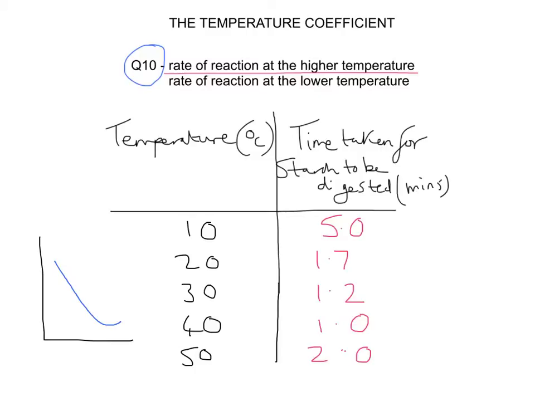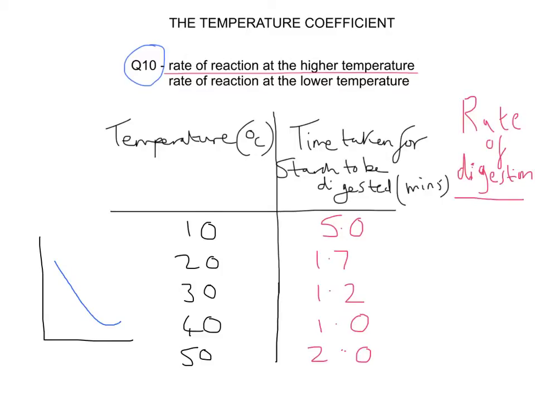So we're going to need another column over on the right hand side for the rate of digestion. Because to work out Q10, we need values for rate.